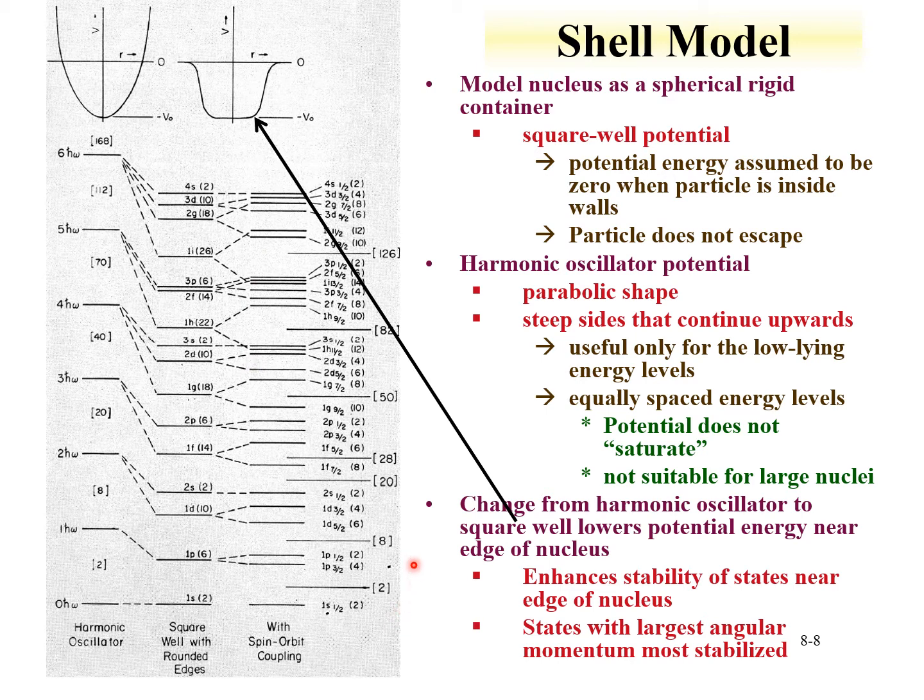This allows us to see where the magic numbers come from, where we have gaps in the energies between the levels, and these occur at 2, 8, 20, 28, 50, 82, 126. So the shell model is really the square edges and spin-orbit coupling combined.